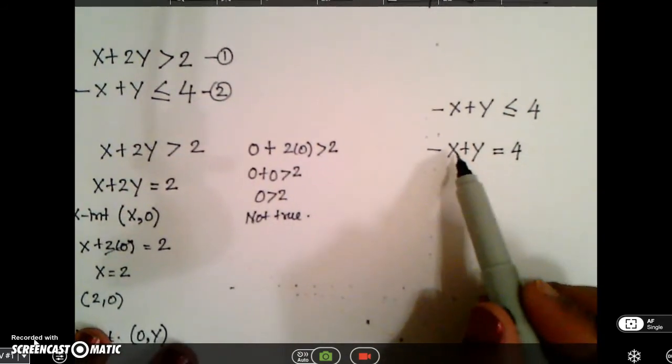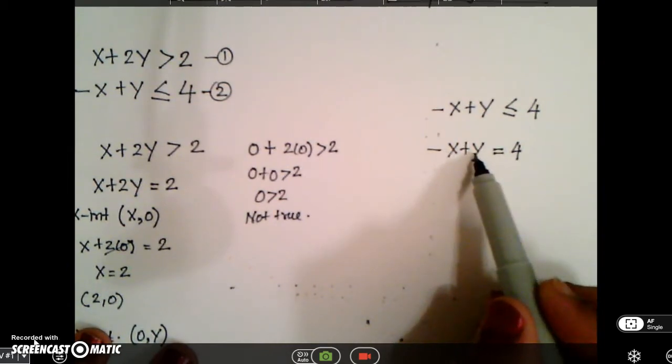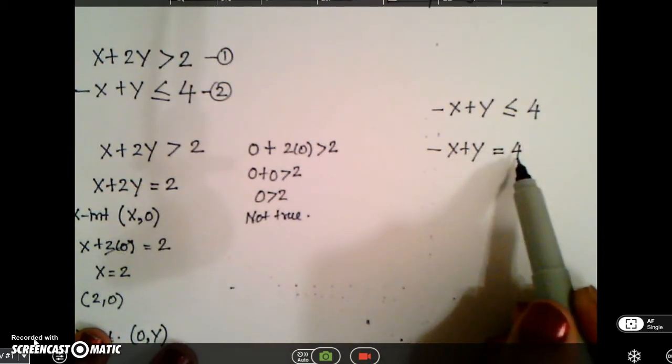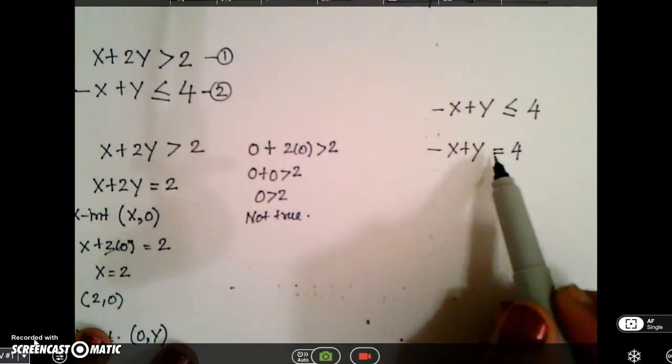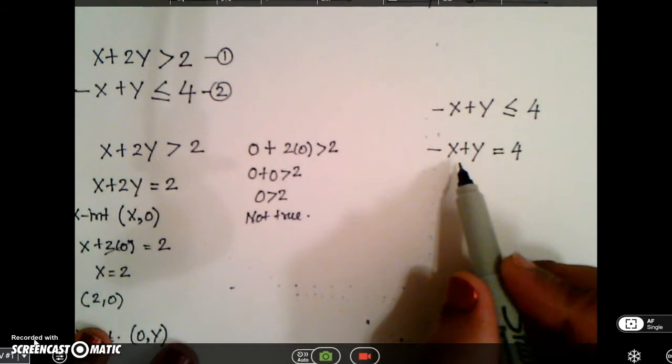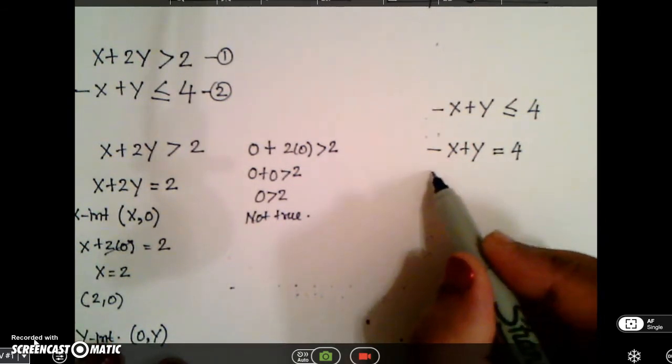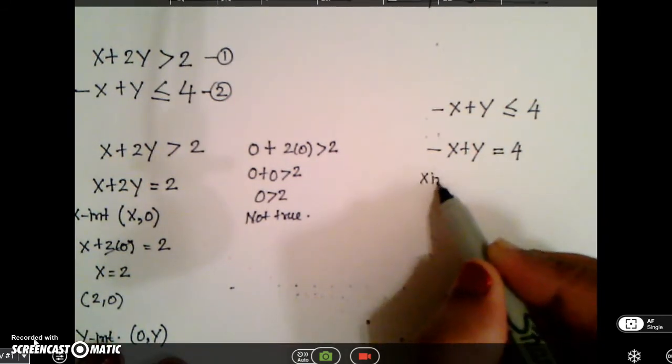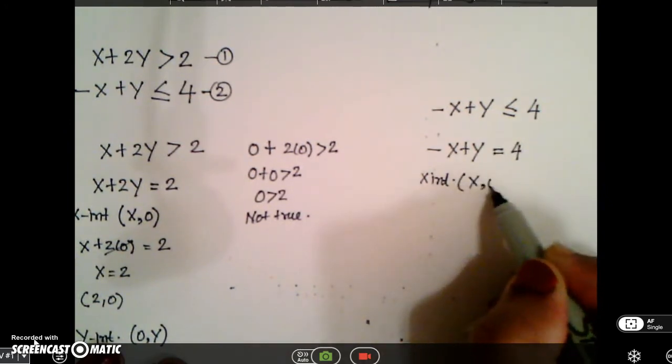As I can see, the coefficients of x and y evenly divide my constant number, so I don't have to change it to slope-intercept form. I'm going to keep it in standard form and figure out my x- and y-intercepts. My x-intercept is (x, 0).